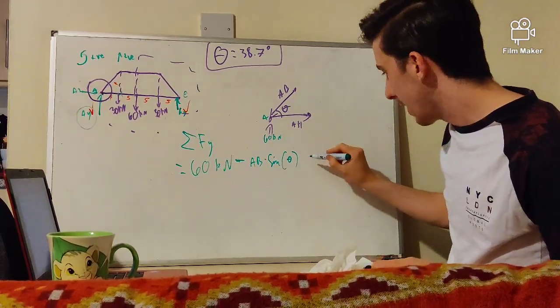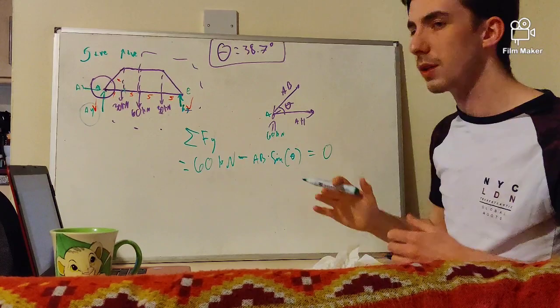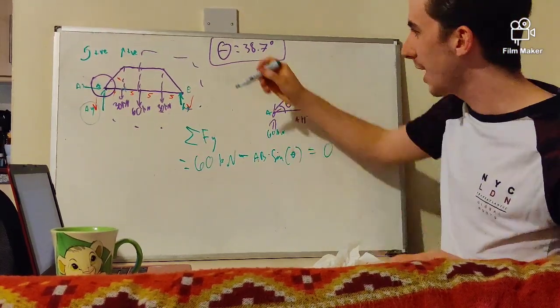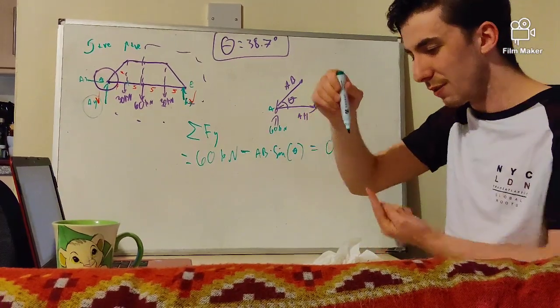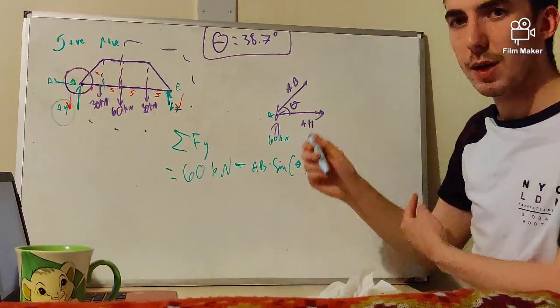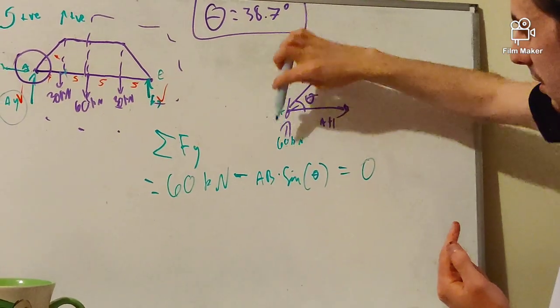And we know that that has to equal 0 because it's in equilibrium. So at A, the only member that's pushing downwards into it to give it that reaction is AB. So the Y component of this has to equal that.